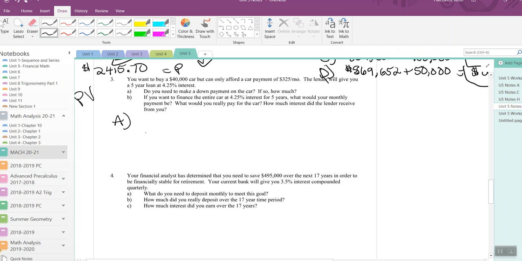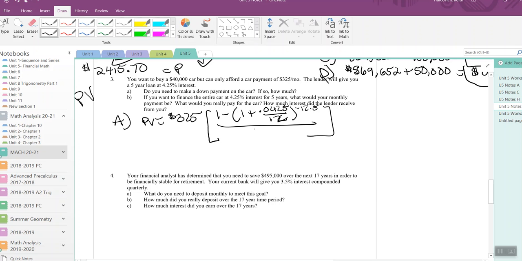Well, part A, you want to figure out, if you pay $325 a month, how much is the loan going to be? So 1 minus (1 plus 0.0425 over 12) to the negative 12 times 5 power, over 0.0425 divided by 12.